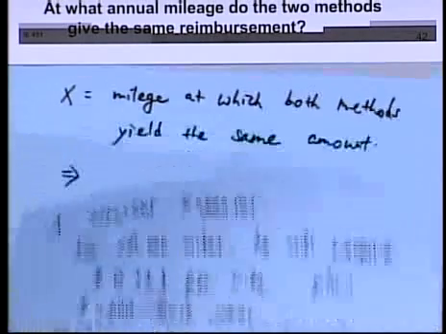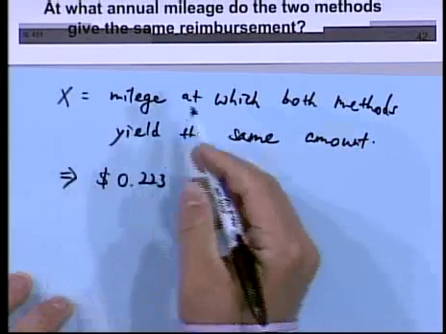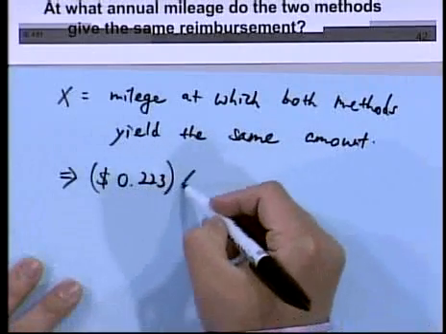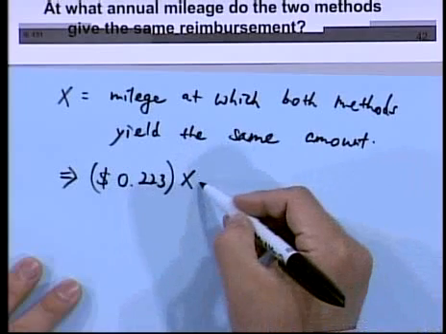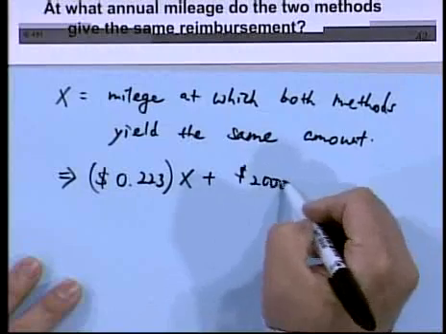Basically, we're going to use 0.223 times X instead of 18,000 miles plus $2,000.